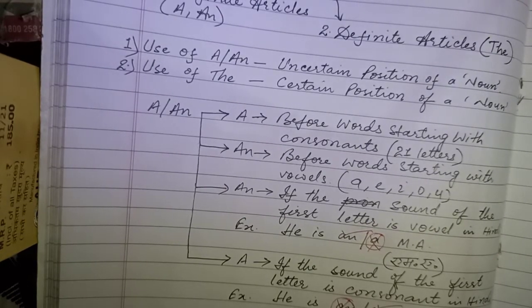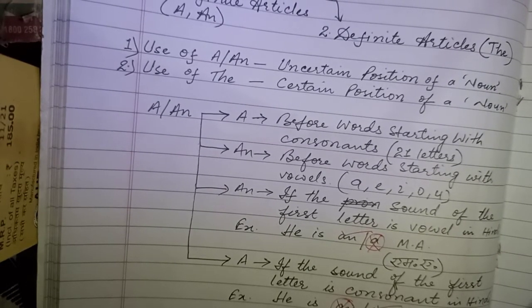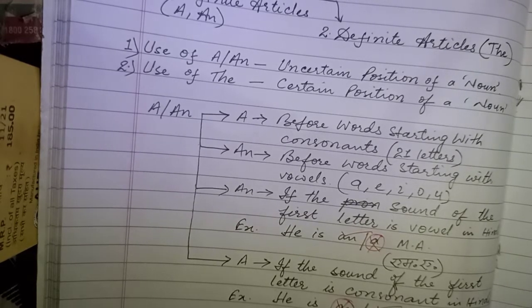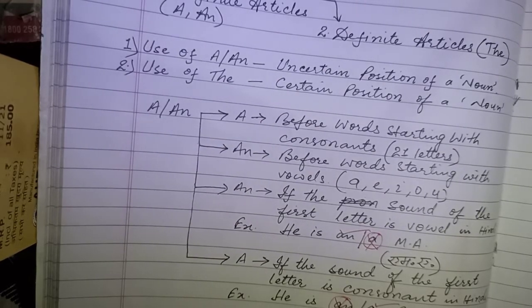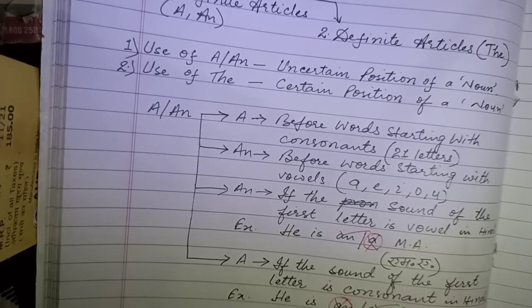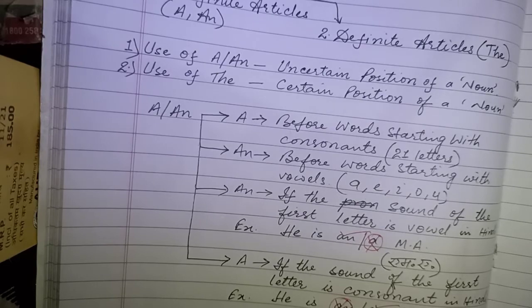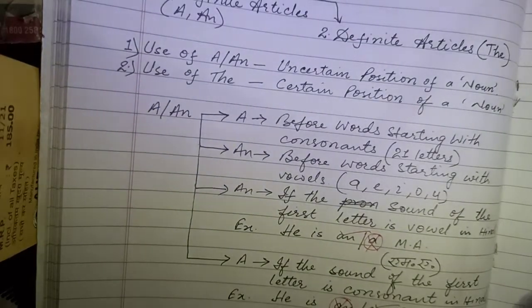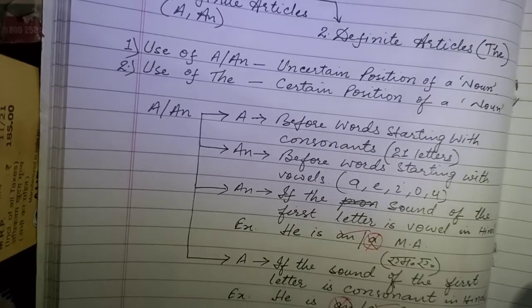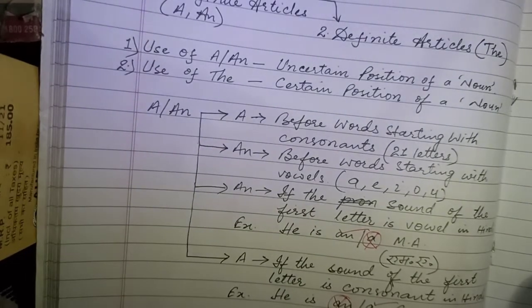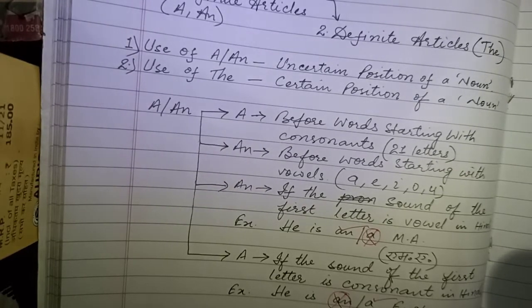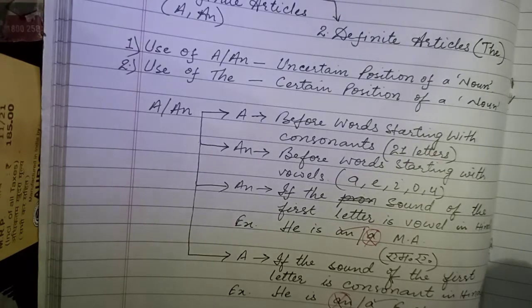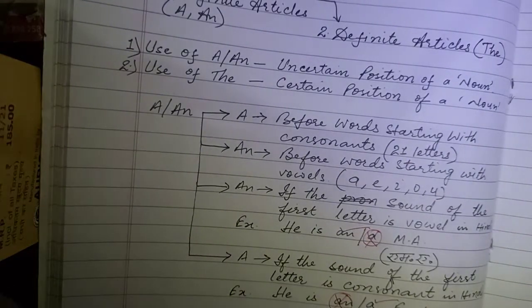You might think that M is a consonant and before a consonant a is used according to English grammar, but no, it will be wrong, because according to the sound it is wrong. When you pronounce MA, in speaking M you use the vowel of Hindi, that is A, and so you have to use an before MA.